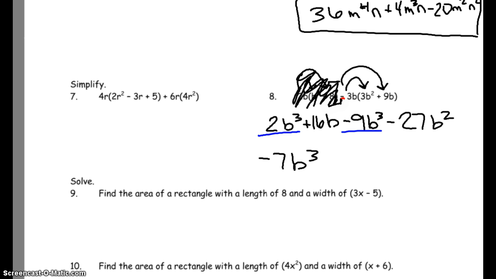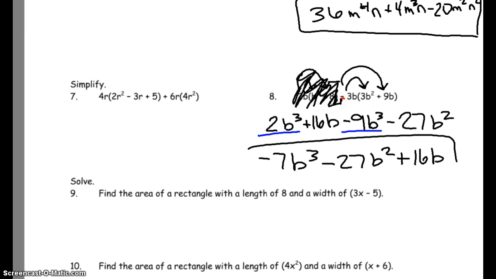So our highest exponent is cubed, and we want to see if we have the next lower, which would be squared. We're going to just rewrite that as a negative 27b squared. And our final term is 16b. That is the completion of that problem.